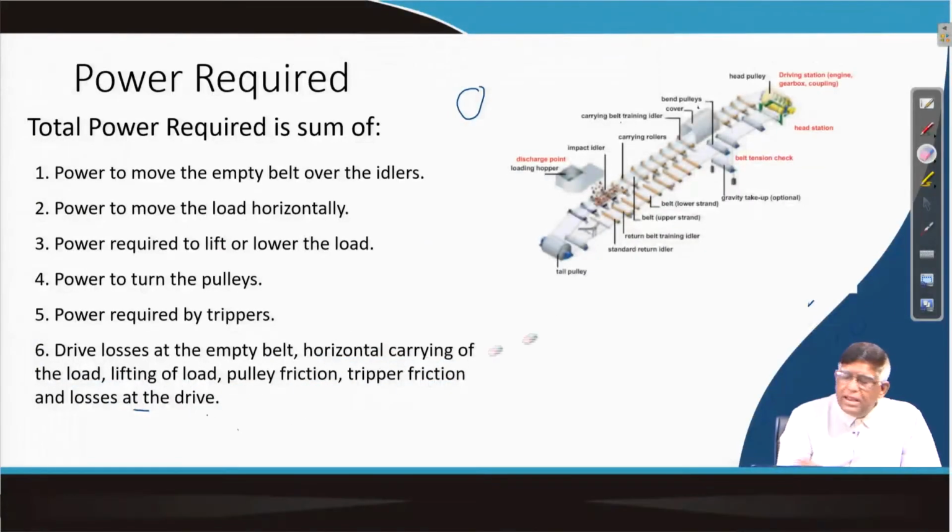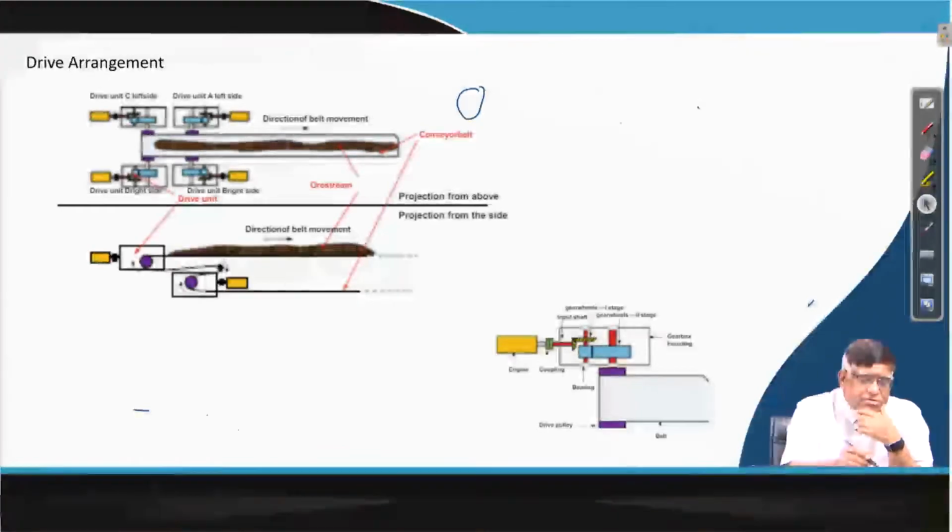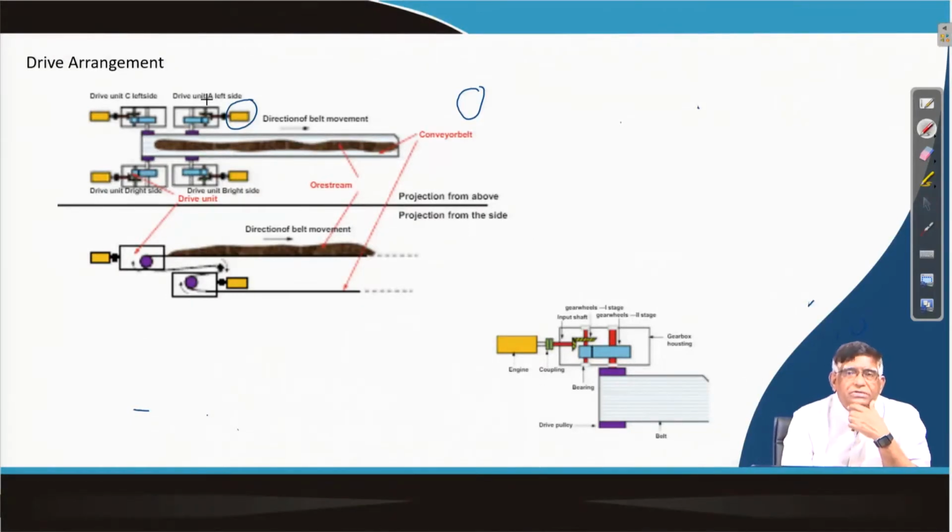So, basically once you know these are the loads, what you will have to do is decide how to put in the drive. One is that you will have to know how much power is to be given, that is, the power of the motor which will be driving. The second question is where you will locate the motor.